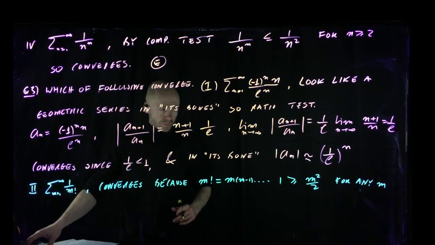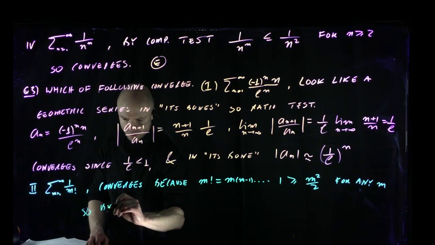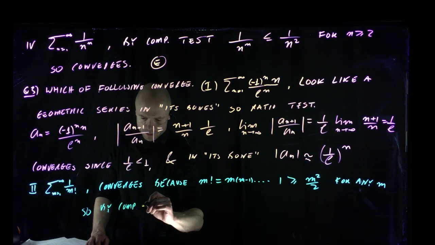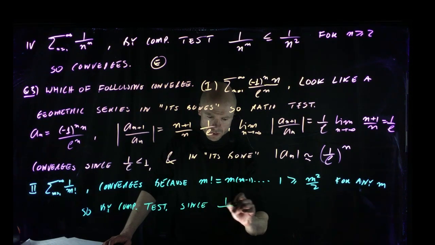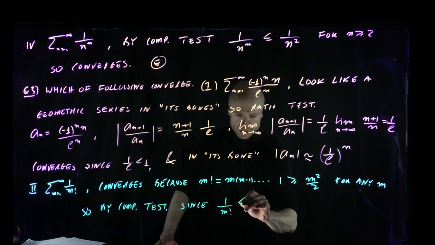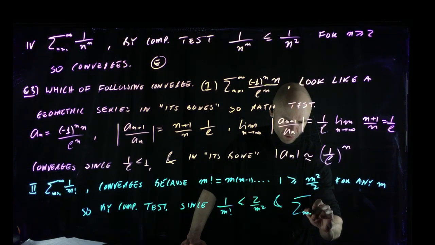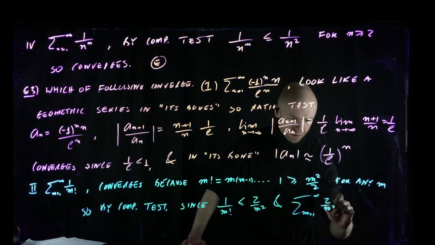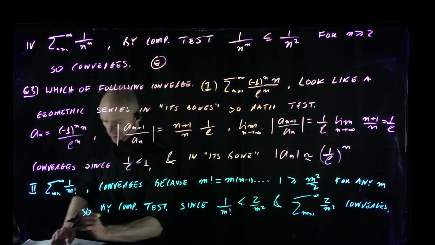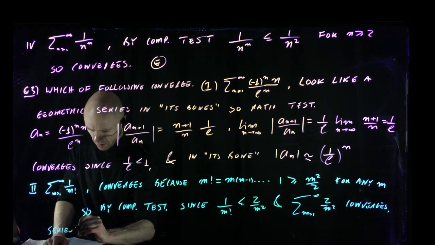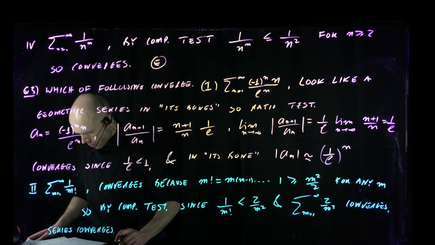Okay, so by comparison test, since 1 over m factorial is definitely less than 2 over m squared, and the sum from m equals 1 to infinity of 2 over m squared converges by the p-test, the series converges. Okay, cool.